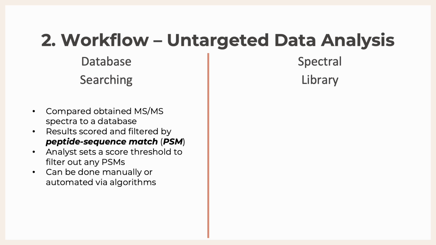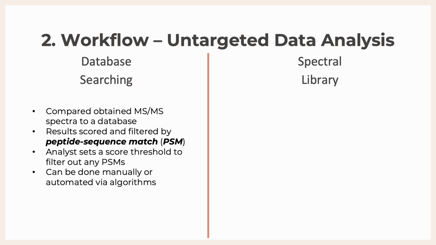And then you could set a threshold to filter out any false positives or negatives. So essentially, you're determining how much is a positive match, which is a true match, let's say. Database searching can be done via algorithms, so this can be automated, or it is typically done manually. One thing to note is that database searching can only be done if there's a reference genome for the species of origin.